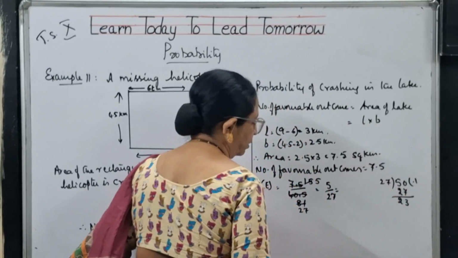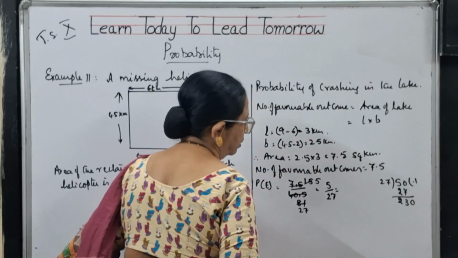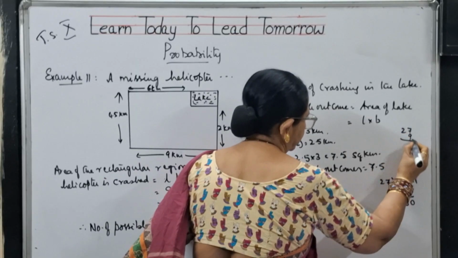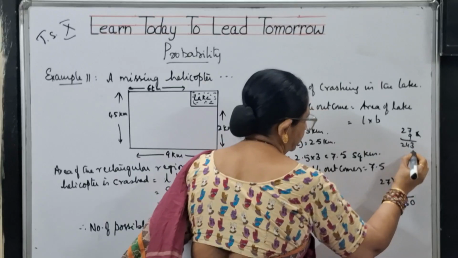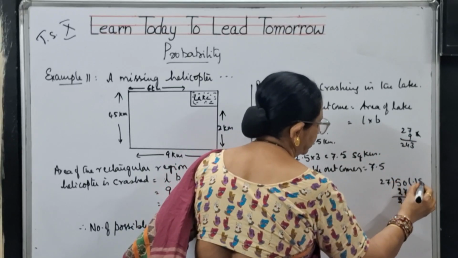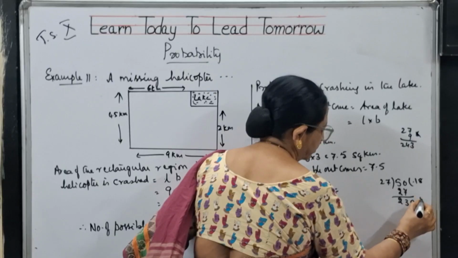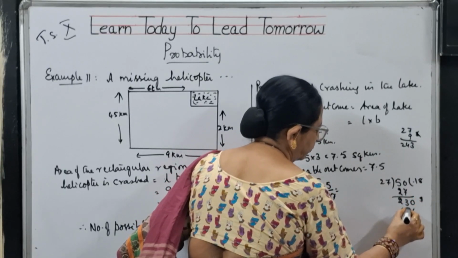So I cannot, I take one more 0. So again 27 nines are 63. 240. It is more. So I should go for 8. 8 sevens are 56. 16. 4 20. 21.